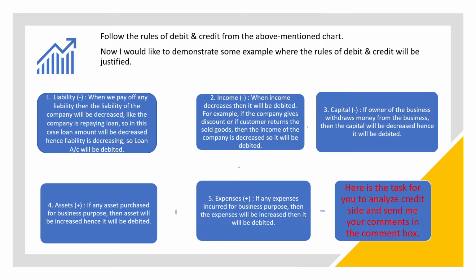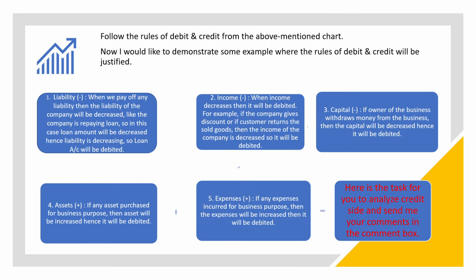So you debit the computer account, that is, your assets are increasing. Expense plus: when your expenses increase, say you incur expenses for your business such as paying rent. This increases your expenses, so the rent expense account is debited because your expenses are increasing.